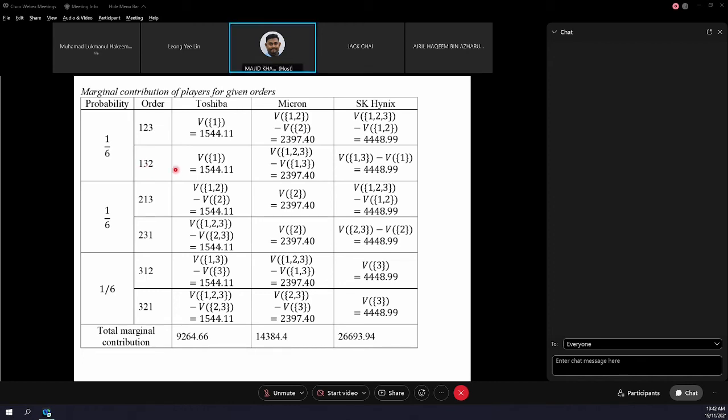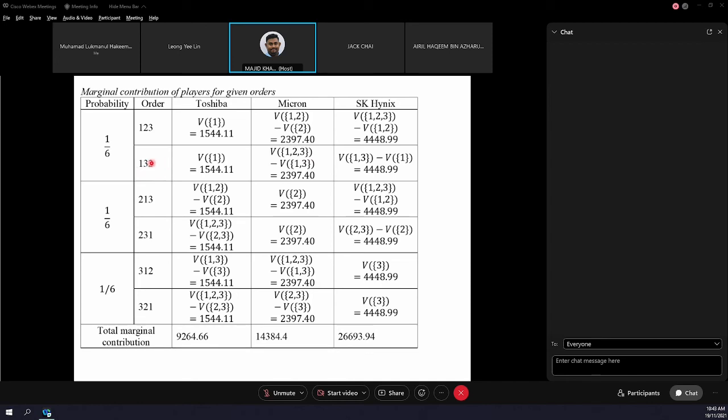Since we already have player 3 here, we need to use the coalition of 3 players, 1, 2, and 3. You cannot simply take 2, because since you already involved player 3, you need to take the full coalition, the full coalition minus the current coalition 1 and 3.